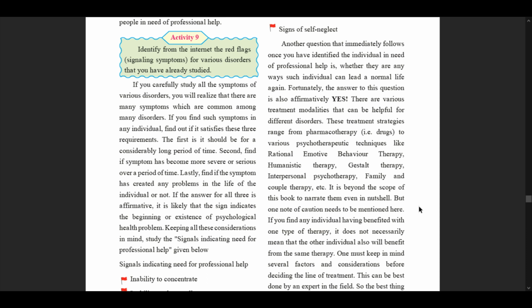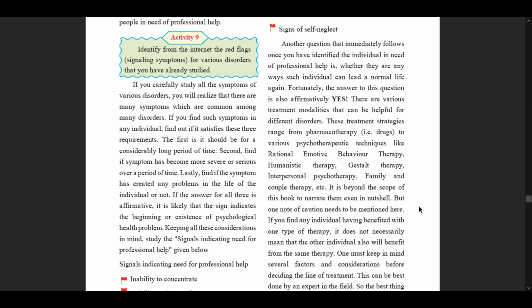Then we move forward to Gestalt therapy. This is to make an individual more aware of what is happening around him and what is happening to him, so that he can retrospect on what is wrong with him or her. Then we move forward to interpersonal psychotherapy.